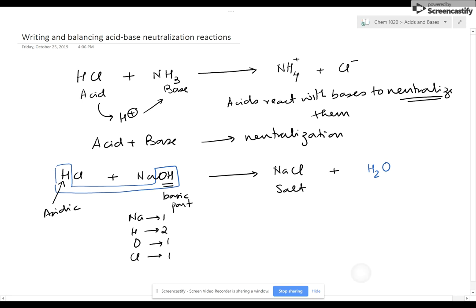On the right-hand side, you have one sodium, two hydrogens, one oxygen, and one chlorine. So for this reaction, we didn't have to do much other than react the acid and the base to get a neutralization reaction, and then write out the products, and it turned out to be balanced.